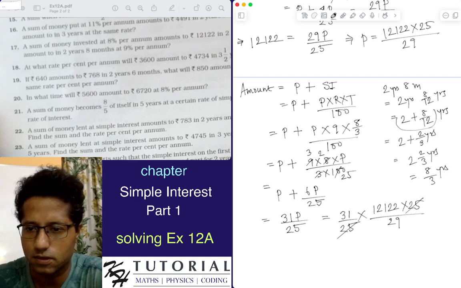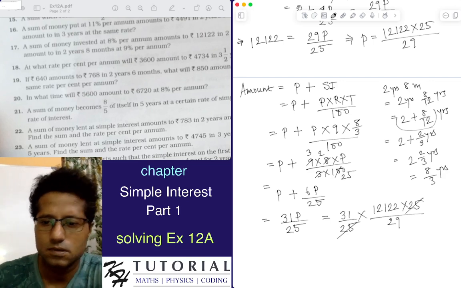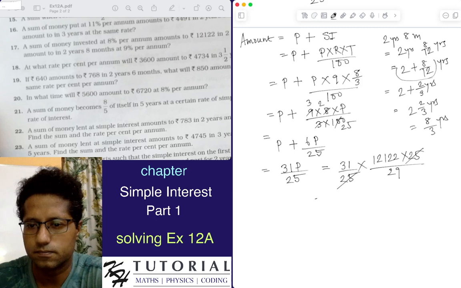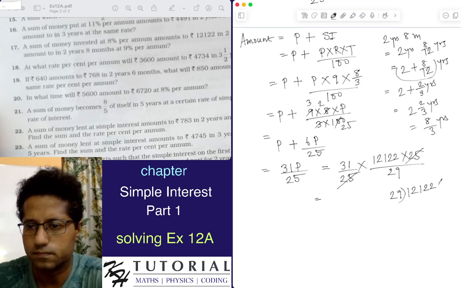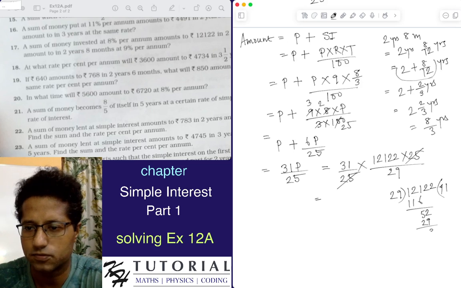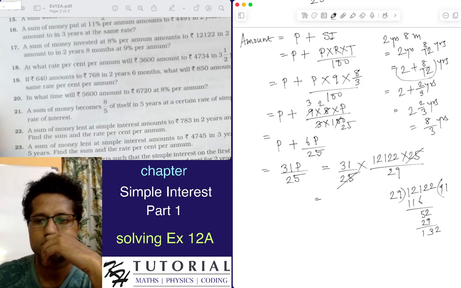So 25 cancels out, and how much will 29 divide 12,122?